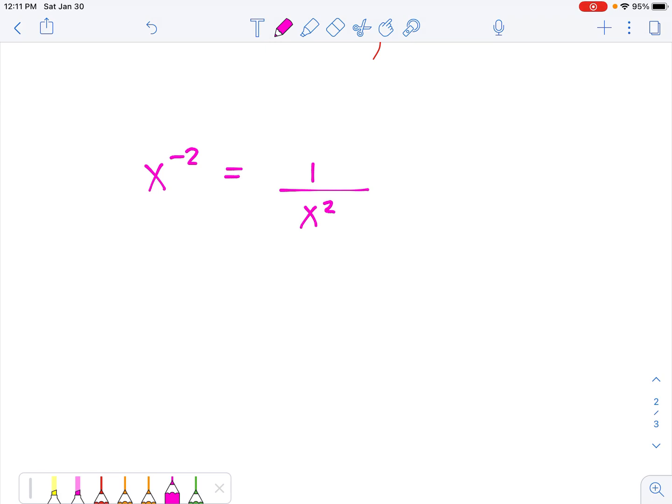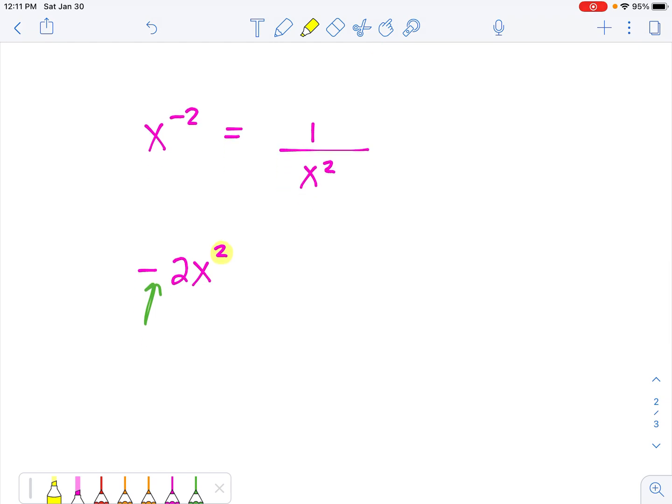Now, a negative number is different. If I have negative 2x squared, a negative number is just fine. We don't have to move it, and that is because the exponent is positive. So make sure you're always looking at the exponent to decide if it's negative and if it needs to move.